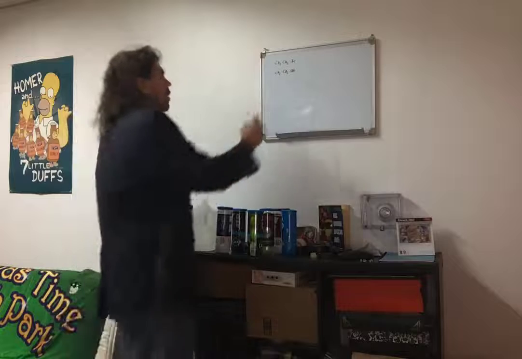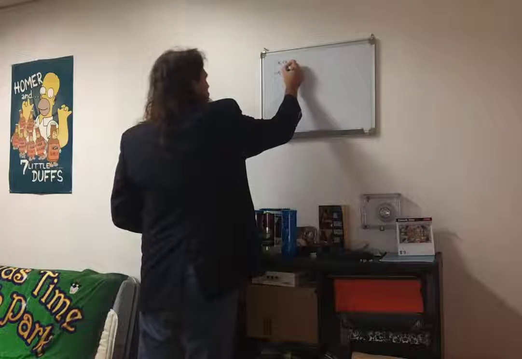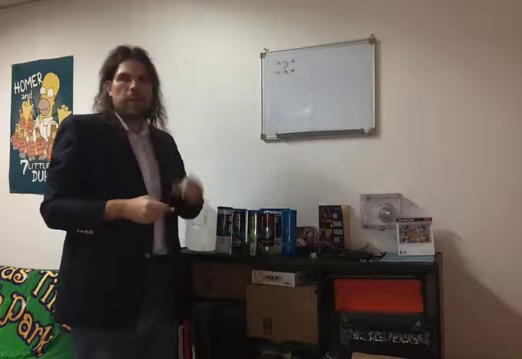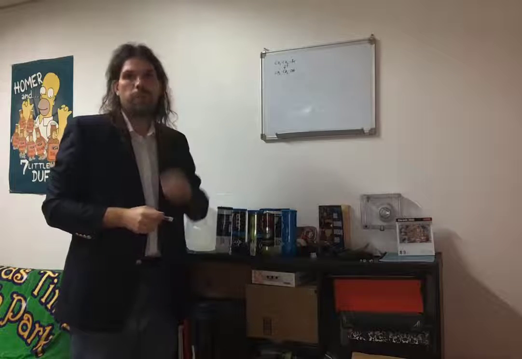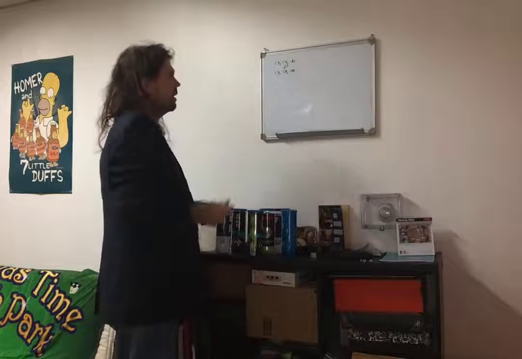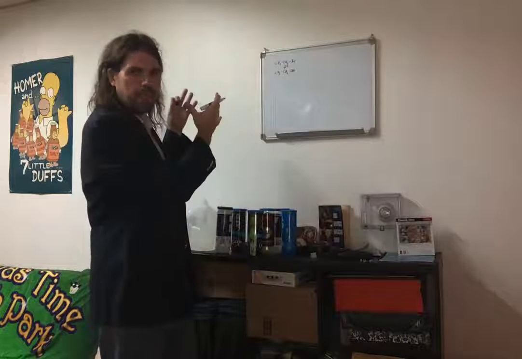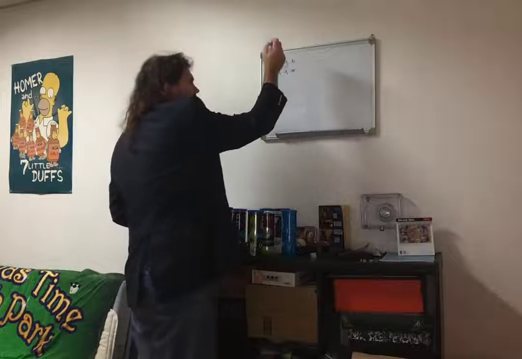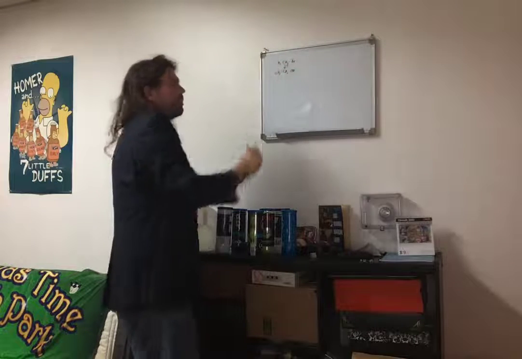Okay, so how do we get from here to there? Well, we use nucleophilic substitution. So the way this works is you take the ethyl bromide out of your chemistry cupboard.